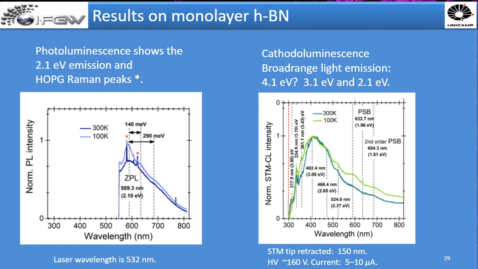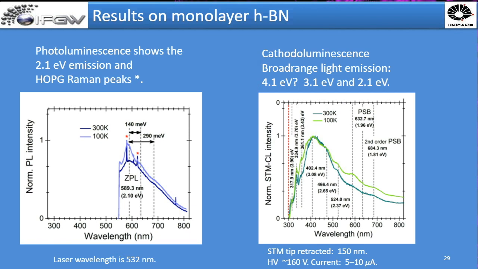We can just retract the tip, so we take it away from the sample, outside the tunneling condition, and we apply to the tip a higher voltage, like 160 volts in this case. And then this tip starts to emit free electrons into the vacuum, and these electrons accelerate and collide with the sample, and they create several kinds of excitations. And one interesting aspect is that you can really excite like everything.